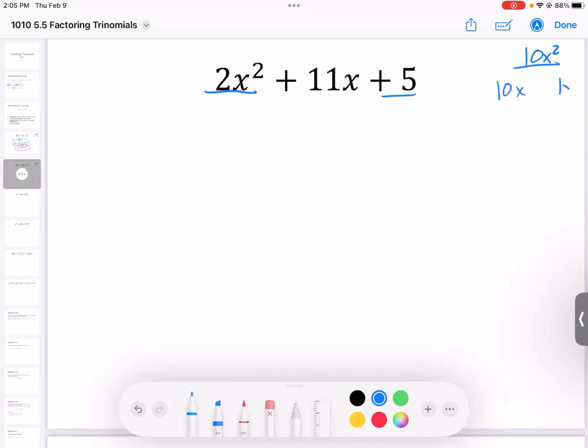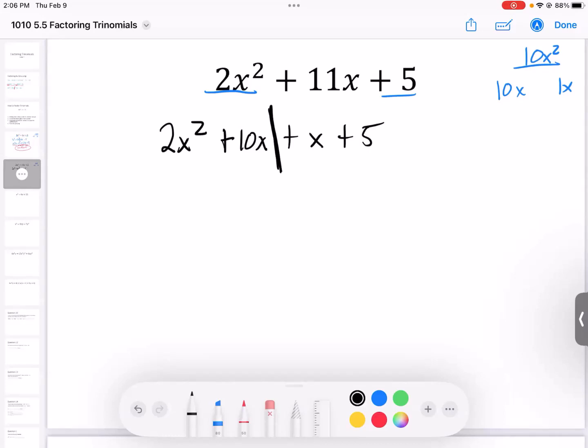And then I'd also want to include x's because 10x times 1x will equal 10x squared, and they will add up to 11x. So I'll split up my 11x into those two terms. So 11x becomes positive 10x plus x plus 5. Then I'll split those into two groups and do factoring by grouping.